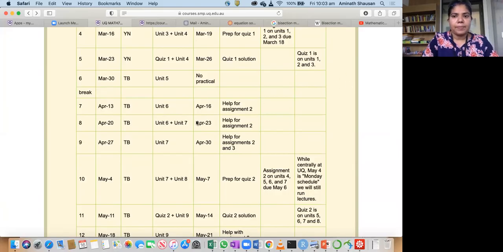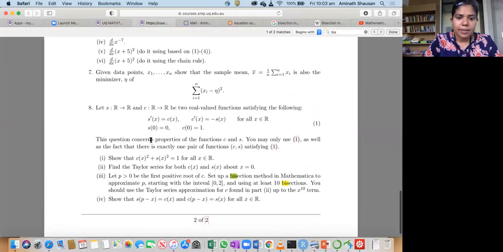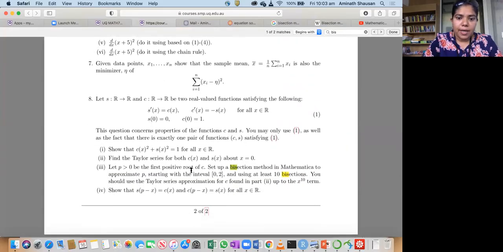All right. Now, the plan for today is, if you look at your assignment, Tim has asked me to discuss the bisection method, which is how to implement the bisection method in Mathematica.